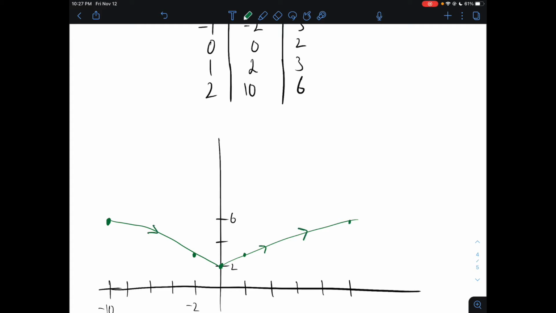One thing that we definitely know is that it is going to stop at our endpoints, because that's as far as t goes.